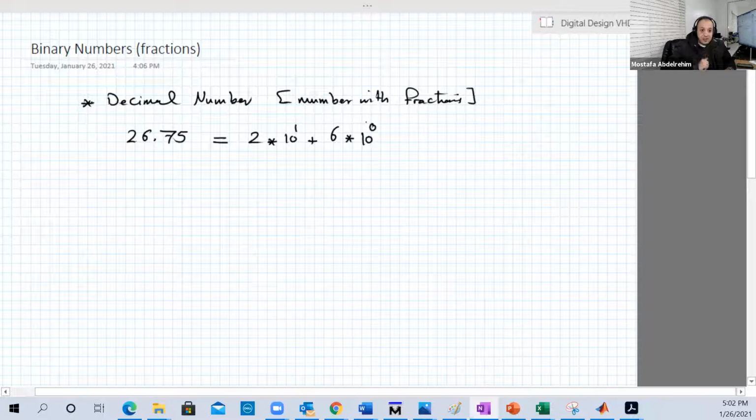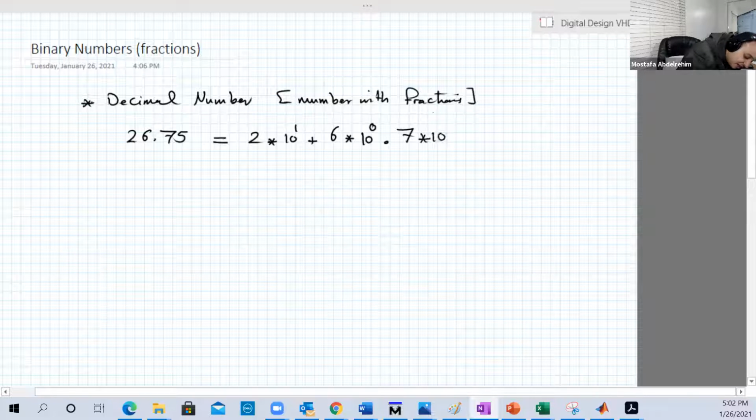How about we continue in the same order? I mean, put the decimal point, then 7 multiplied by 10 to the power of, if you see the flow here, we have 1, then 0, then this will be minus 1. Then this is plus, I'm sorry, this is plus here.